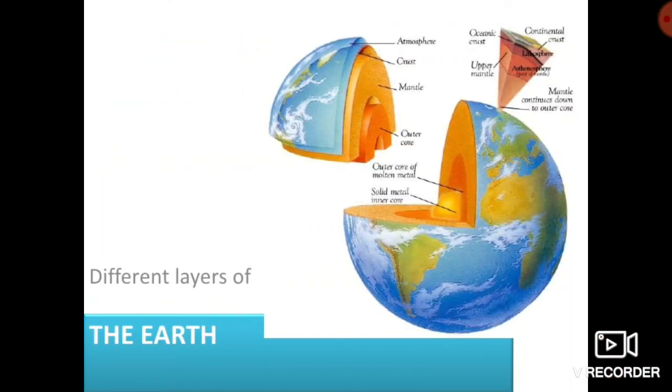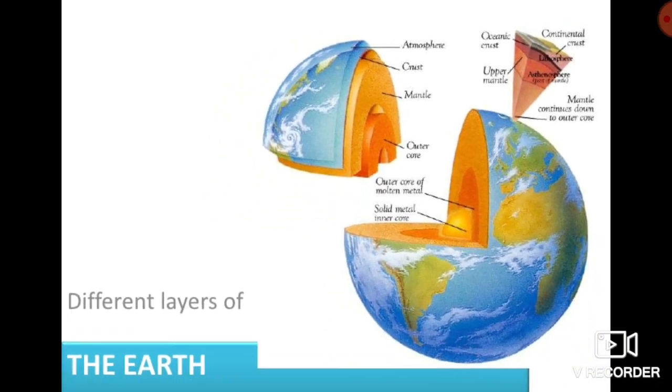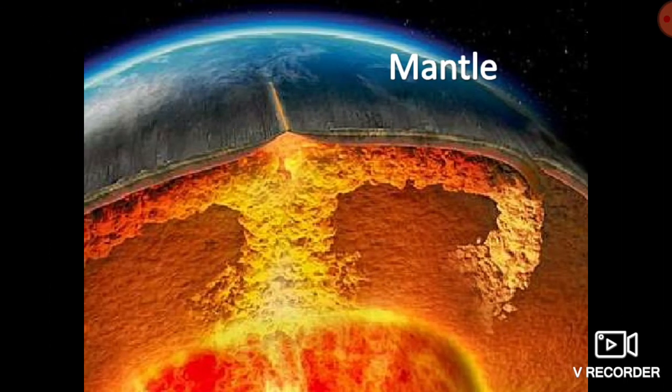Another diagram which represents the different layers of the earth. You can see here, if we cut the earth in this way, we can find different kinds of layers, as I've told you and described. This is another diagram. You can see here the mantle part of the earth.